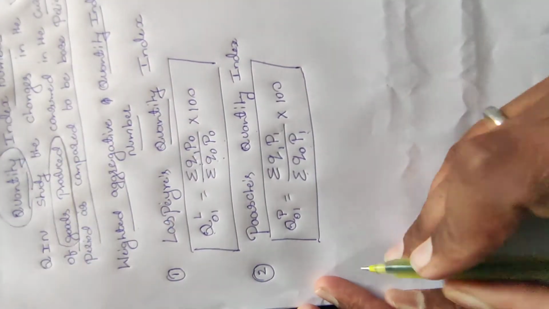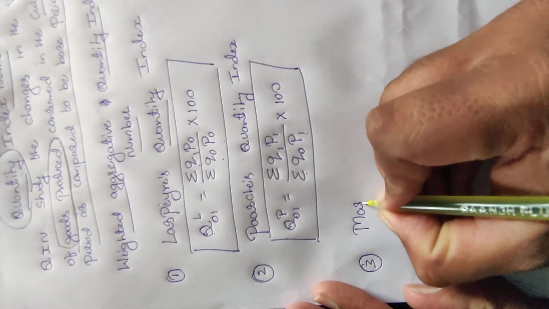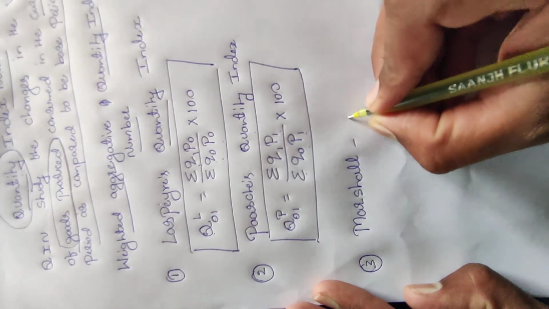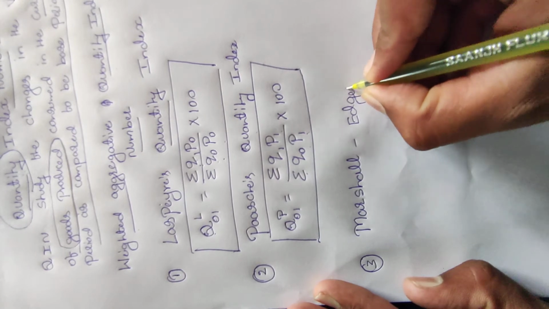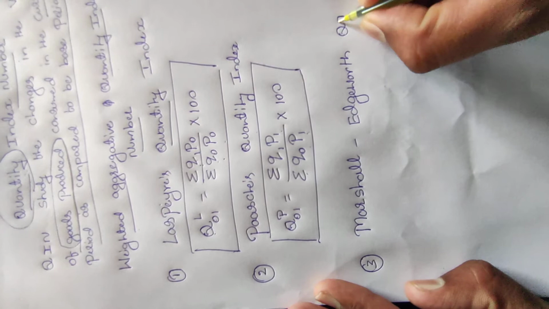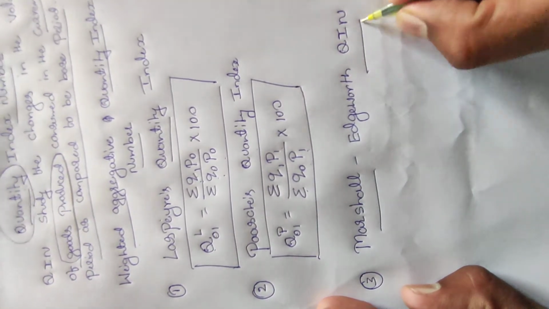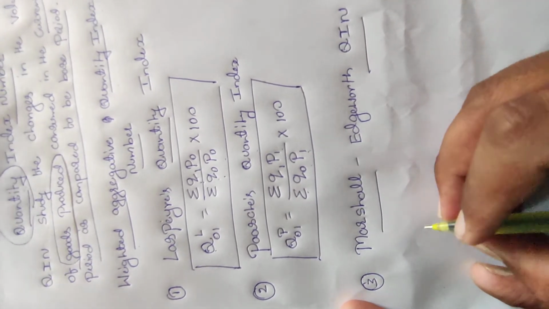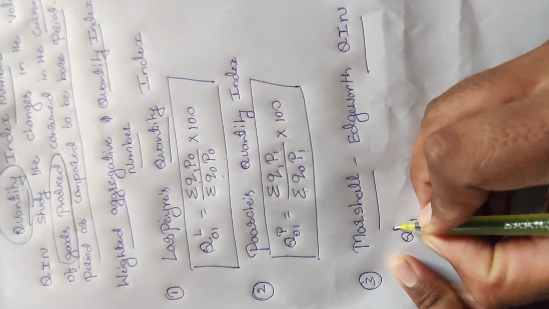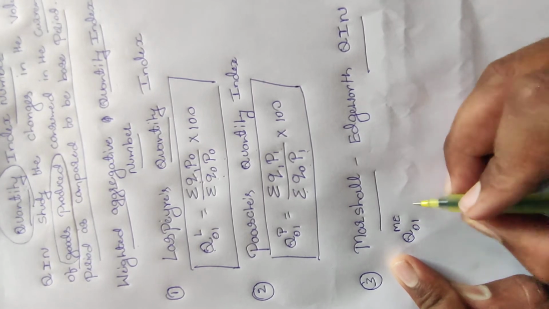Next, the third concept is Marshall Edgeworth quantity index number. We can denote the Marshall Edgeworth quantity index as Q01 power ME.